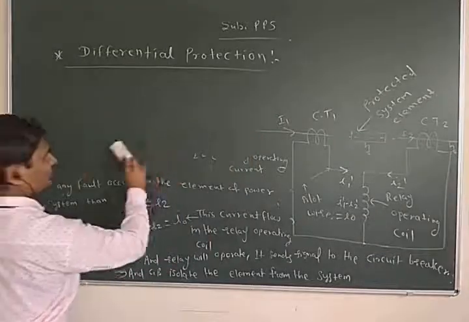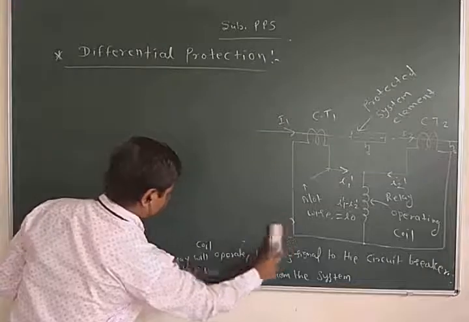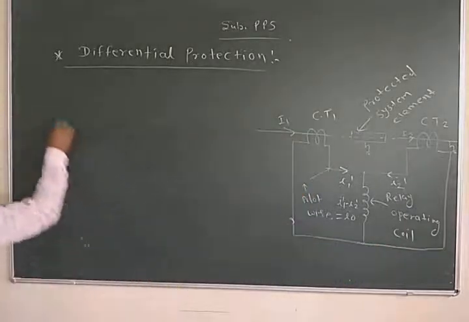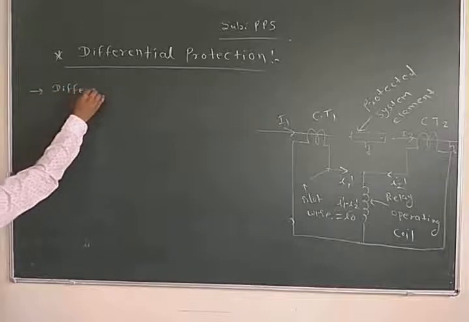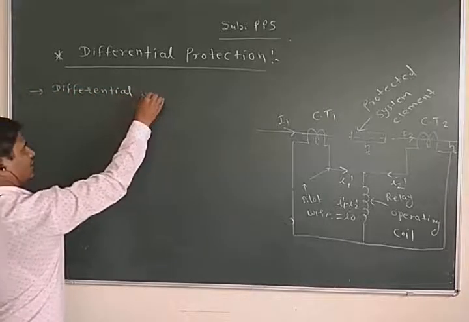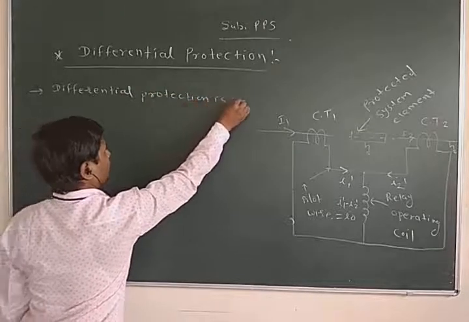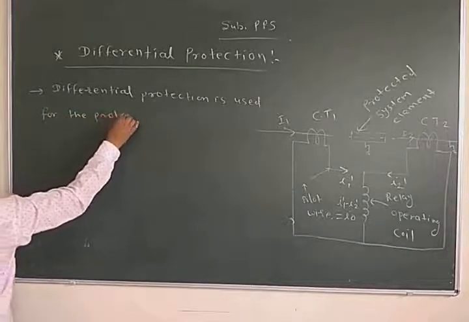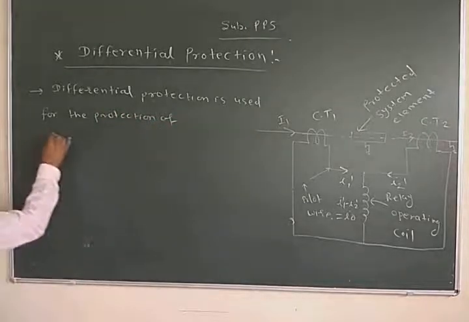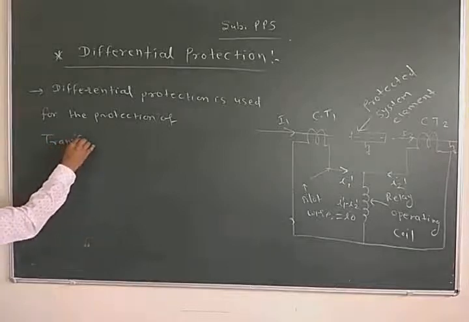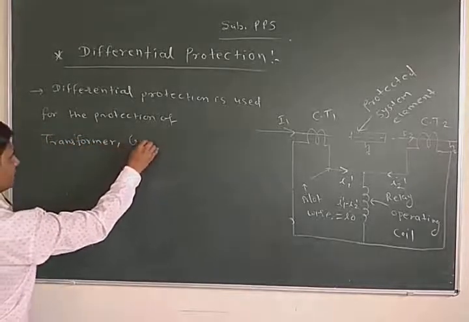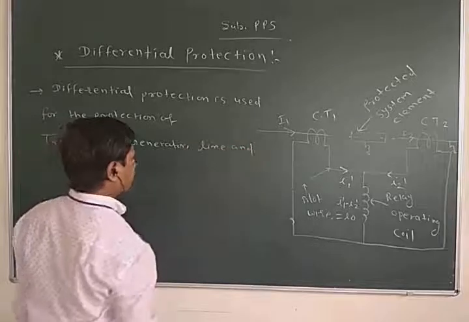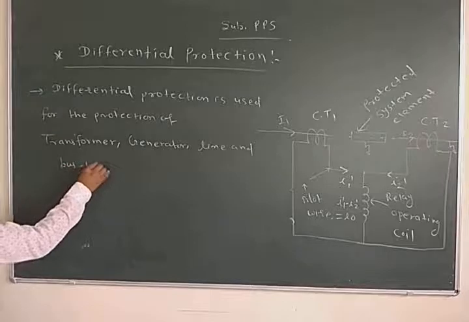So we can write, differential protection is used for the protection of transformer, generator, transmission line and bus bar.